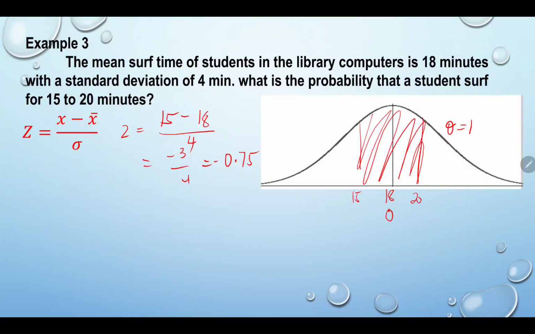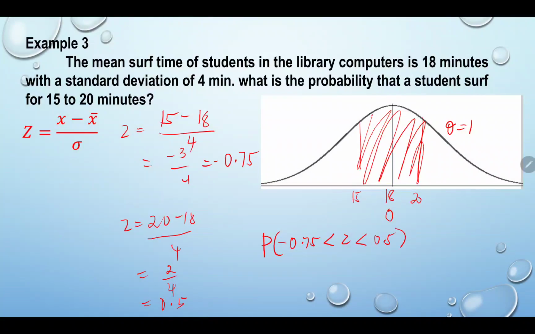And then the other one, 20 minus 18 over 4, that is equal to 2 over 4, which is 0.5. So we just need to get the probability of the z-score that is greater than negative 0.75, but less than 0.5.